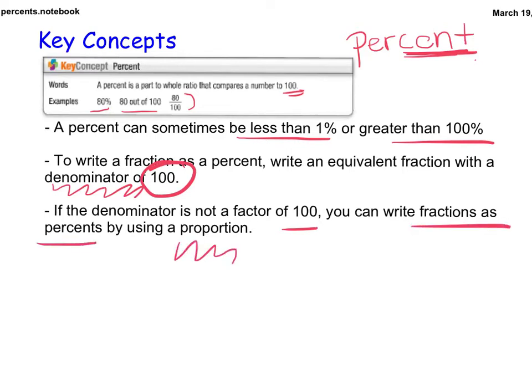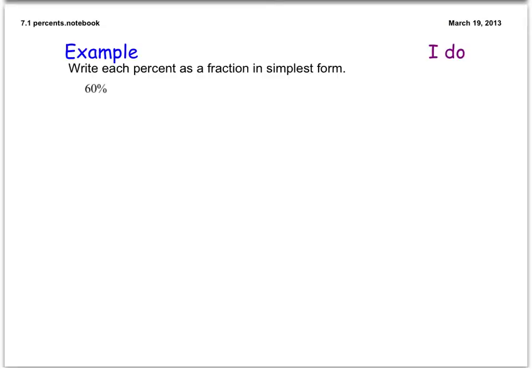We just learned all about how to write proportions in Chapter 6 and with our building projects. Okay, here's our first example. I do this one. This one says, write each percent as a fraction in simplest form. So this says 60%. Now I've got that percent. What does that word percent mean? Per 100, right? So I'm going to write this 60 over 100.